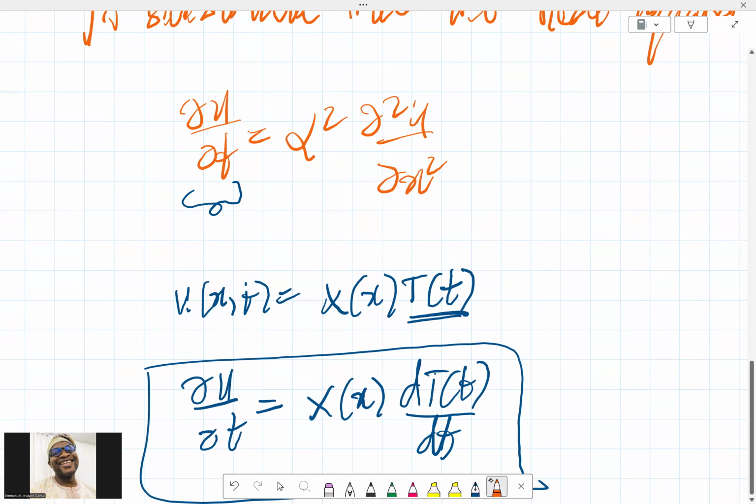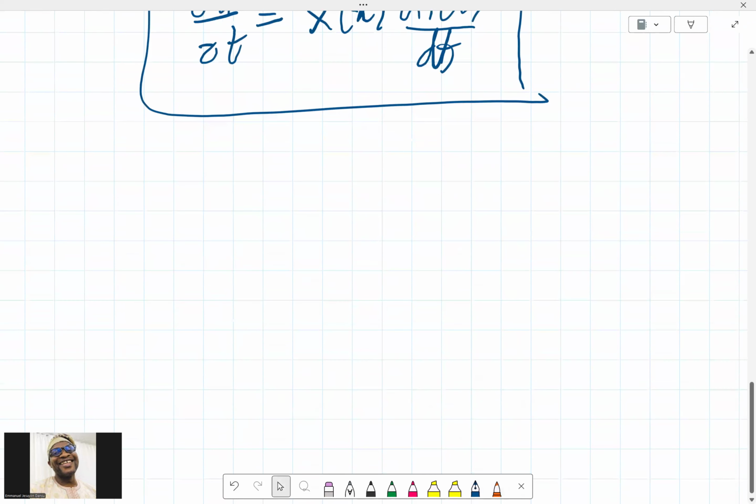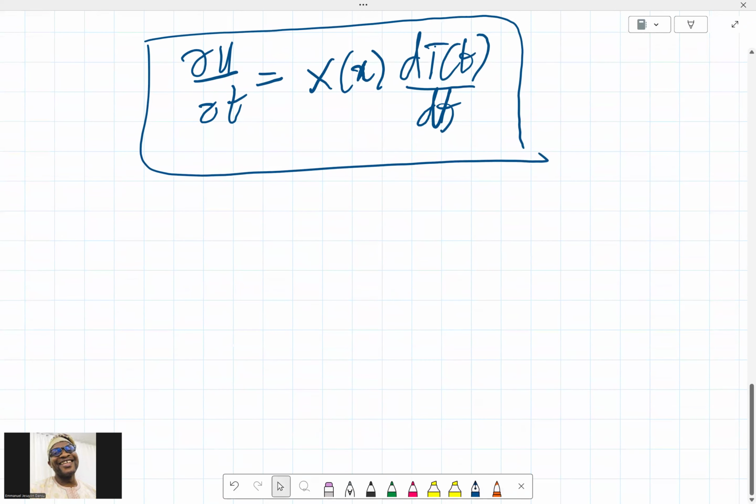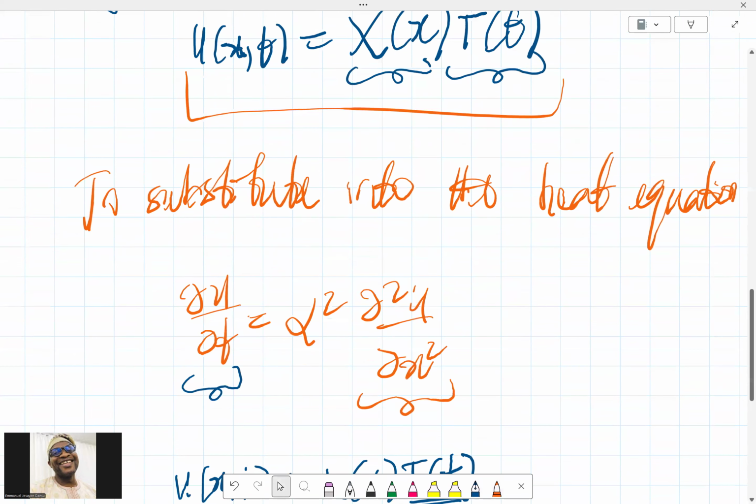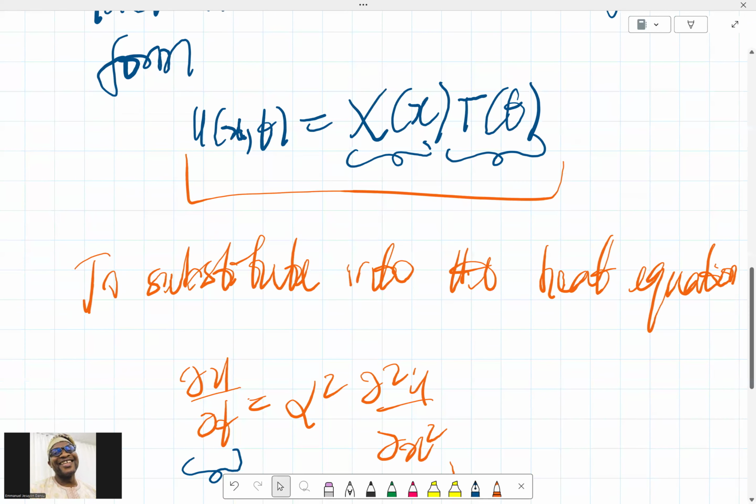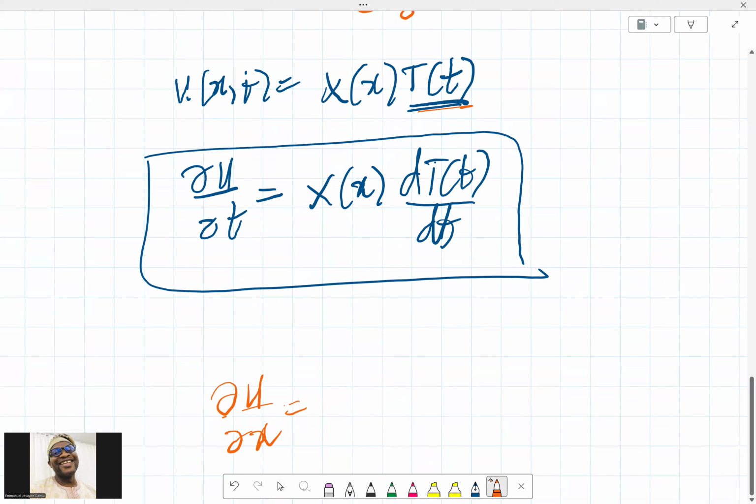Now for the other side, we need partial squared u partial x squared. First, we need partial u partial x. Here T of t will be constant, and we have T of t times dX of x dx.